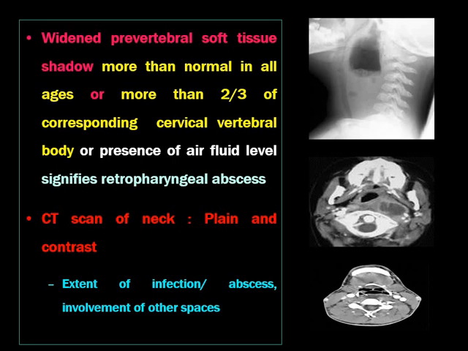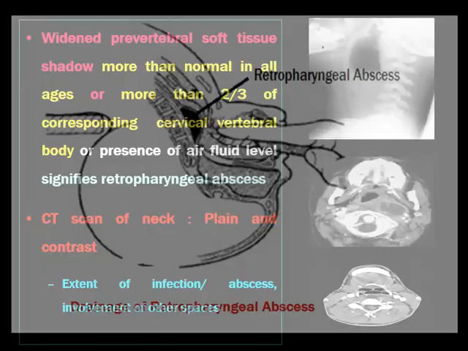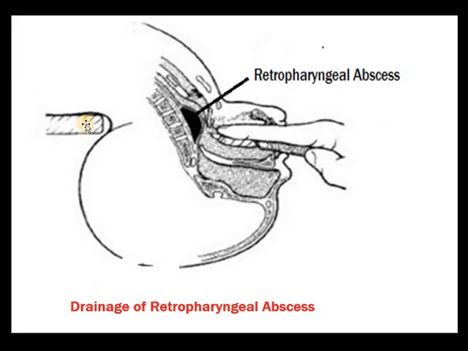The most confirmatory diagnosis shall be aspiration of the pus from the retropharyngeal area. The X-rays cannot differentiate between blood and pus, that is, hematoma and abscess. Therefore, if you keep the patient at the edge of the table with the head hanging down, the pus will collect in the upper part of the neck, that is, at the oropharyngeal area.